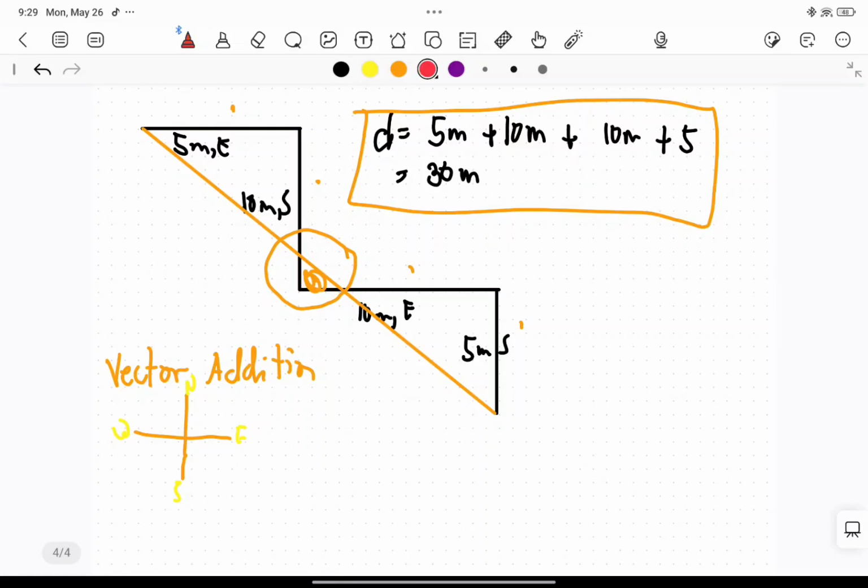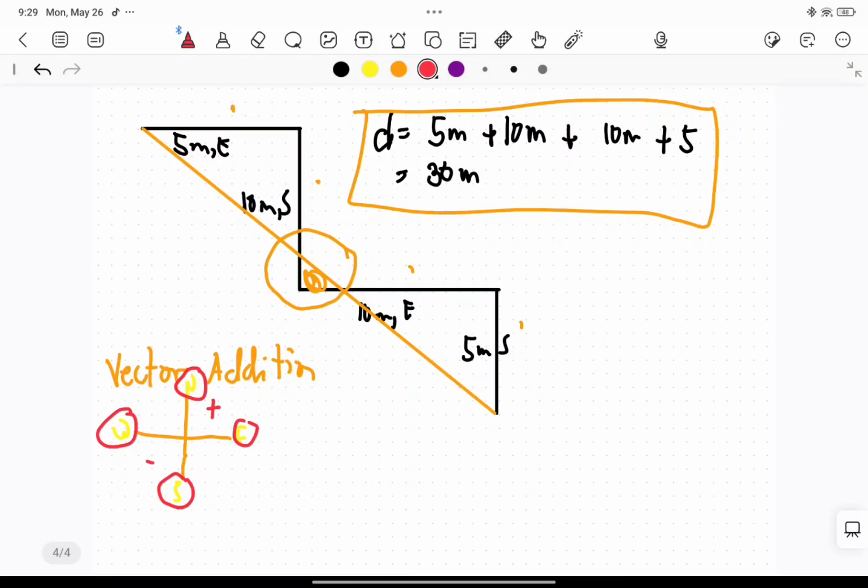And each direction can be positive or negative. North and east are both positive directions. West and south are both negative directions. Recall your Cartesian coordinate plane in your mathematics. Now, how are we going to apply this?